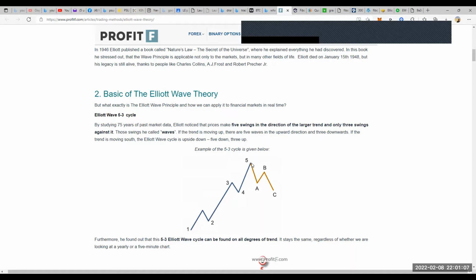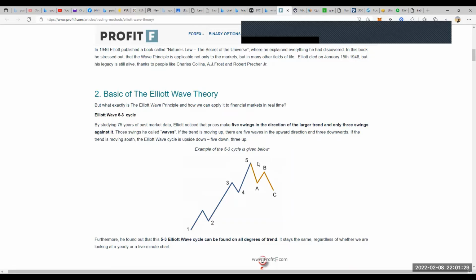And then what happens once we get a peak? We sometimes get a double top, which we'll see in some of the fractals that I'll show you in a little while. But we also get something called an ABC move back downwards. So we have an A movement, a B movement, and a C movement. Now this is in the direction it's going this way.